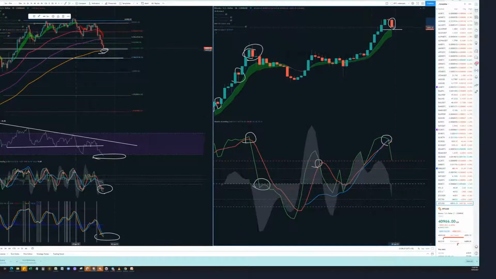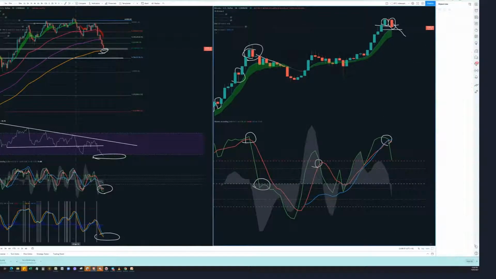If this monthly candle engulfs this one here, then we are going down. Most likely we'll continue to go down. So what we've got to see in the next 2 weeks is this monthly candle not consume or engulf the previous. It's pretty sad if that's the case.